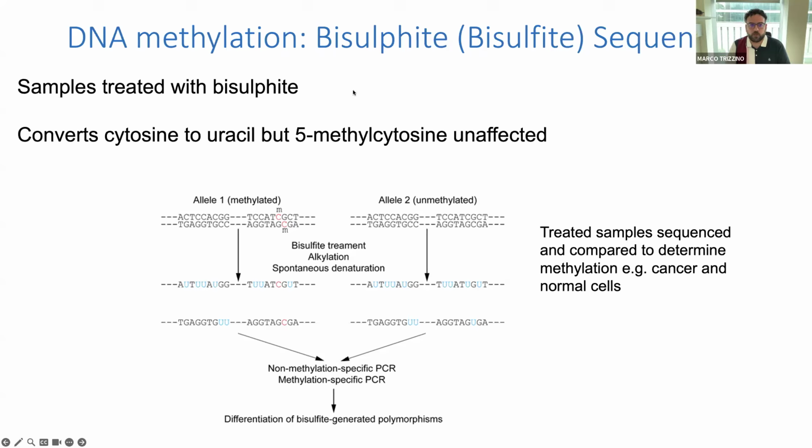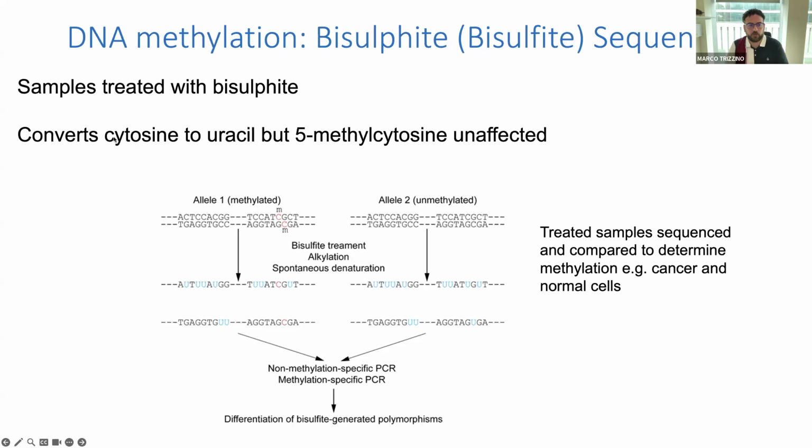And so how does this work? Bisulfite is a compound which will convert the cytosines, so the Cs, into uracils. Remember that in DNA, normally you don't have uracil. Uracil is typical of RNA, right? Whereas in DNA, you have Cs.